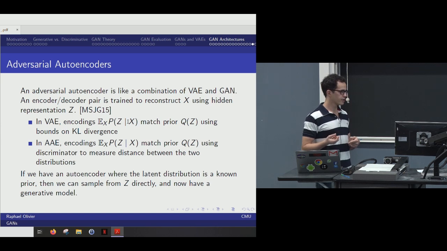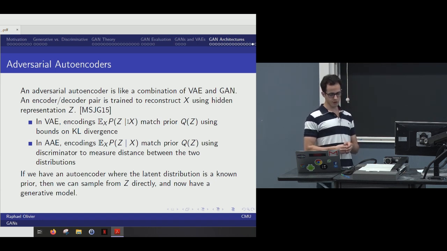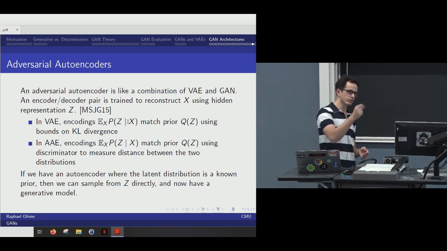So remember that in the VAE, what you are doing is maximizing some sort of bound on the KL divergence using some math, which leads to not minimizing exactly what you want. In an adversarial autoencoder, you use a discriminator to do this job.